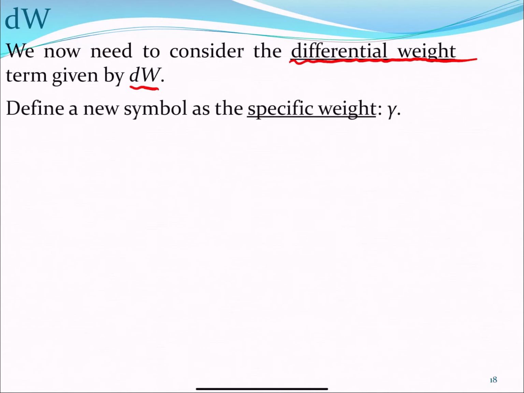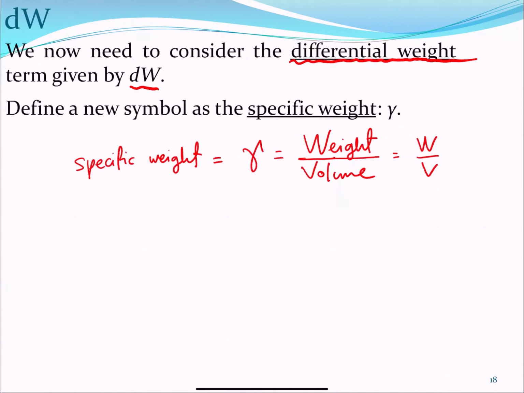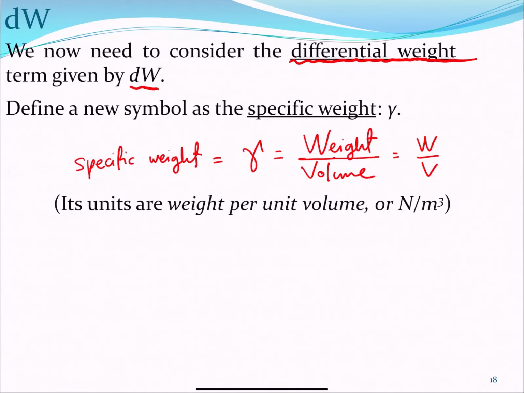And if we introduce the idea of specific weight, gamma is defined as weight over volume, and the units of the specific weight are just Newton over cubic meter. And then we can define the weight in terms of a specific weight.